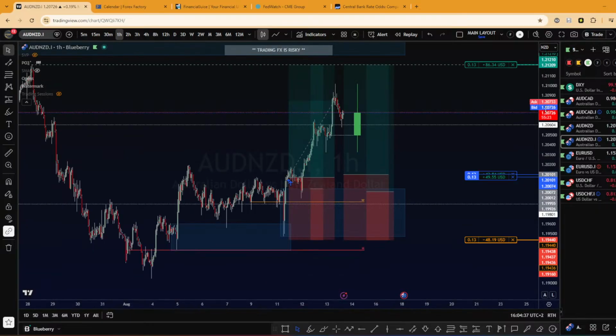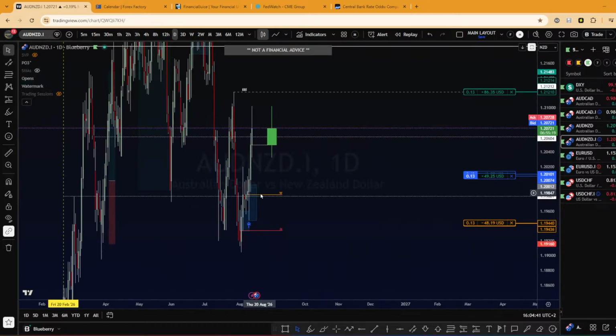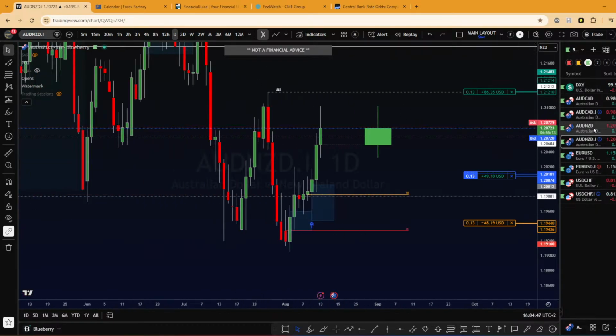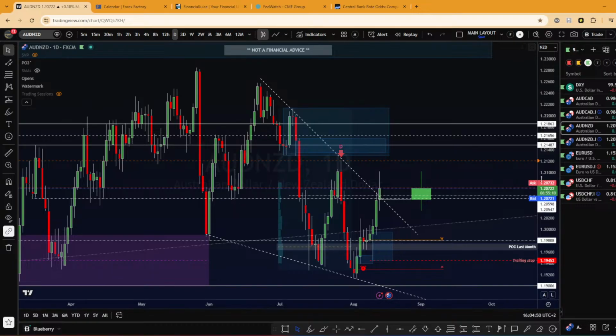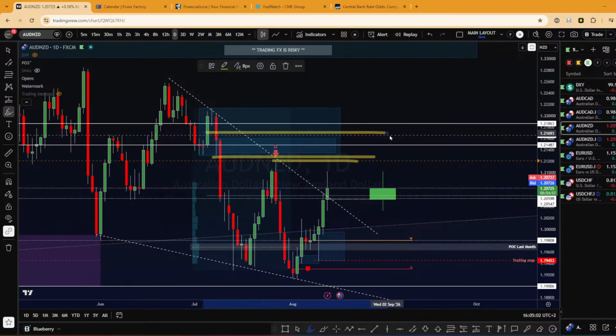So Aussie NZD is, by the way, my best trade for the moment for this month of August. It is performing very well. We have not reached the target yet, but if you have watched my last live stream, you know that I want to target this premium price level right there.